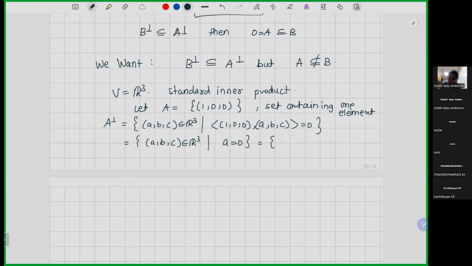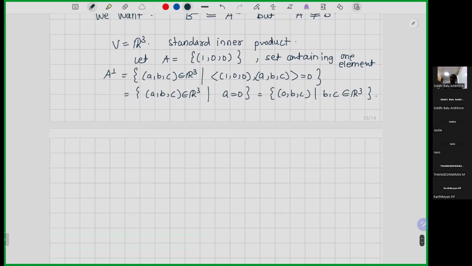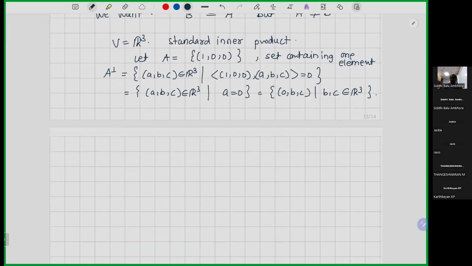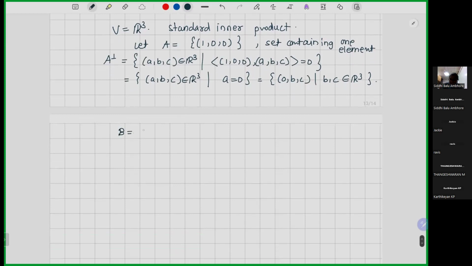So this is just the set which we obtained earlier, {(0, b, c) : b, c in R}. We do not have any problem till now, right? A is just a set containing one element, and the orthogonal complement of A is this set. And now let us take B to be this set.